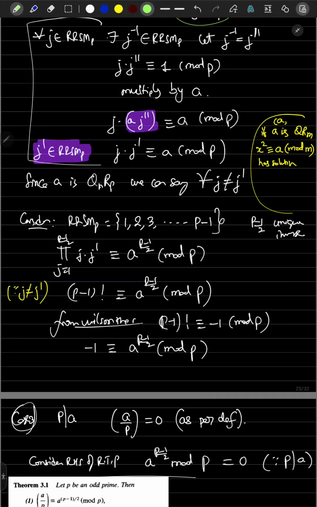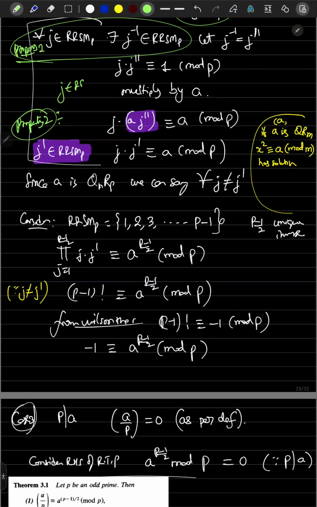Okay, one more property again. See, property number 1 is that this property you have to remember. Property 2: let's say if j belongs to RRSM P, then take some number which is coprime with P. If you multiply a into j, that will definitely belong to RRSM P. This is the property.